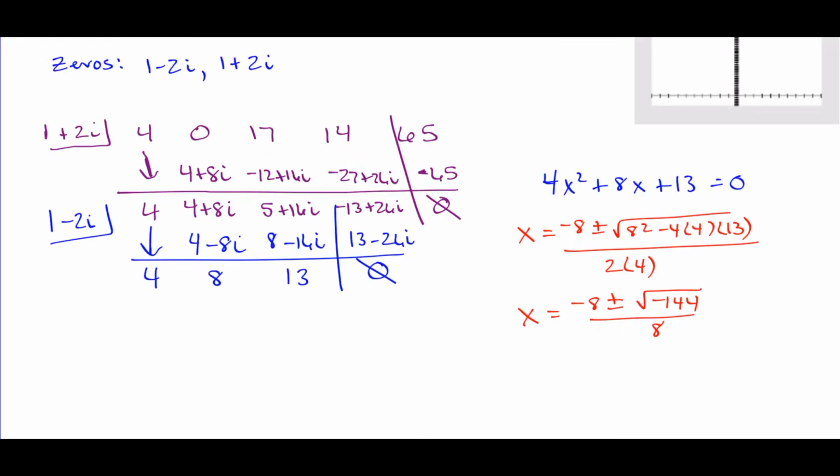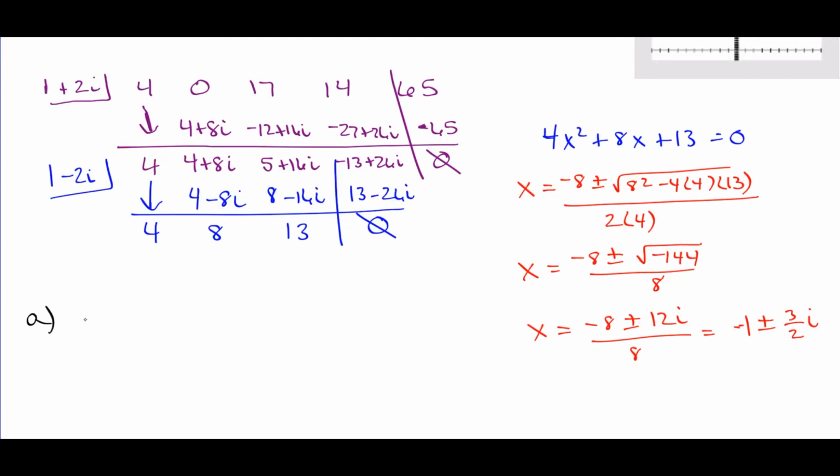So we end up with x equals negative 8 plus or minus the square root of negative 144 over 8. So that's going to give me negative 8 plus or minus 12i over 8, which will give me negative 1 plus or minus, dividing both of those by 4, we're going to get 3/2 i.